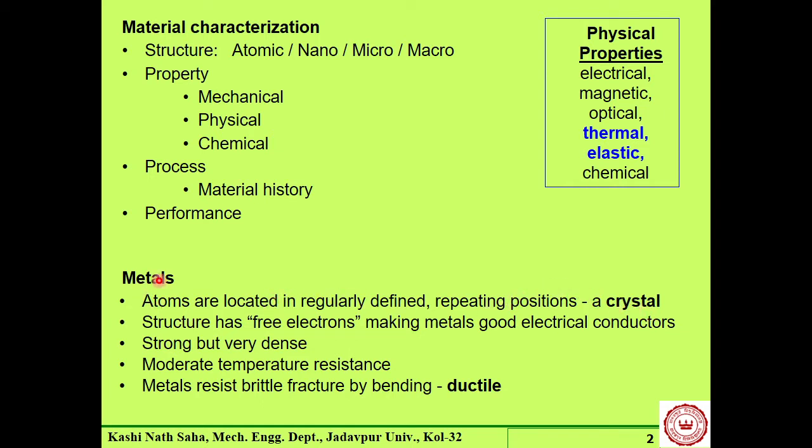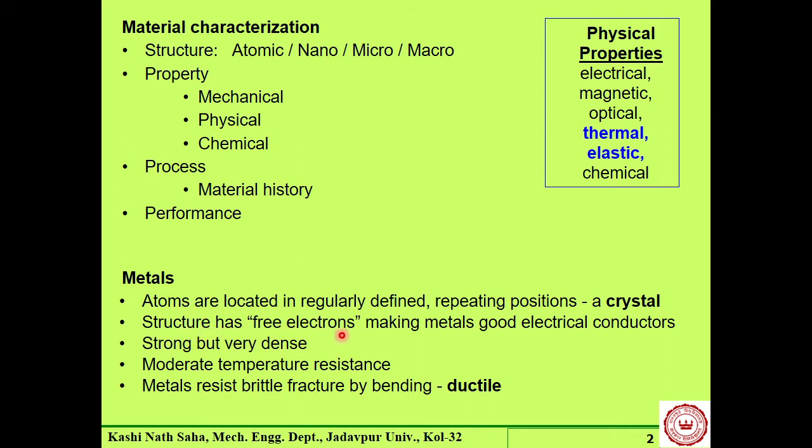But still, metals are characterized by atoms located at regularly defined repeating positions. This is the feature of a crystal, but in general atoms are closely packed.